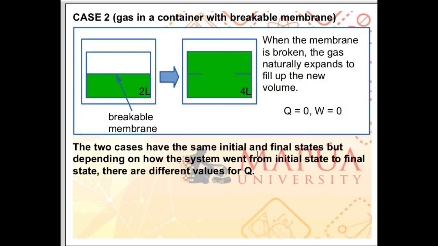The two cases have the same initial and final state, but depending on how the system went from initial state to final state, there are different values for Q. So just like work, you need to take into account the path taken by the system from initial state to final state when calculating or analyzing heat added into or flowing out of the system.